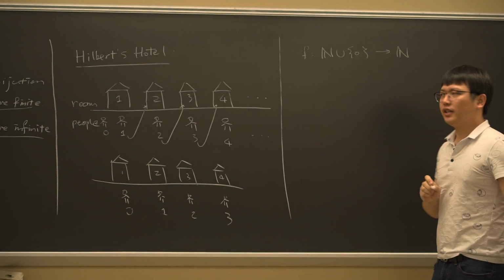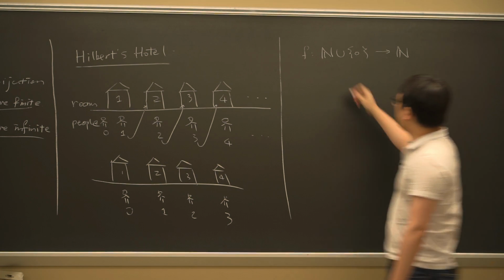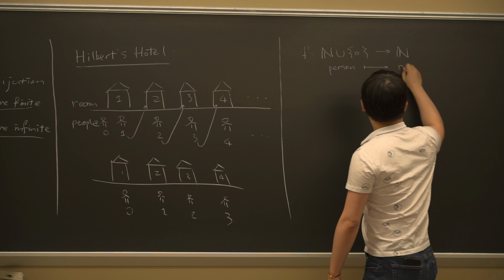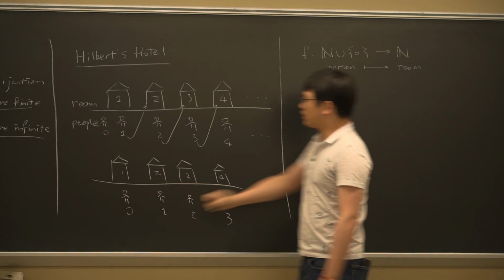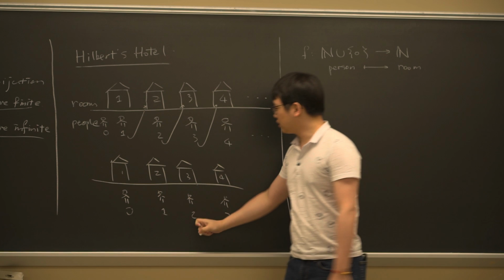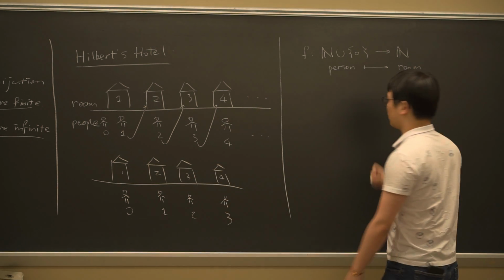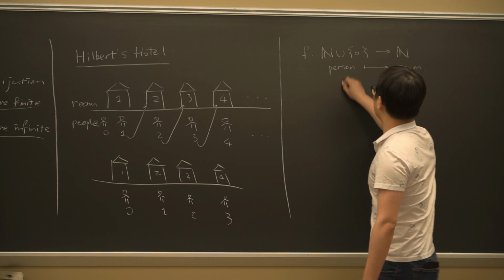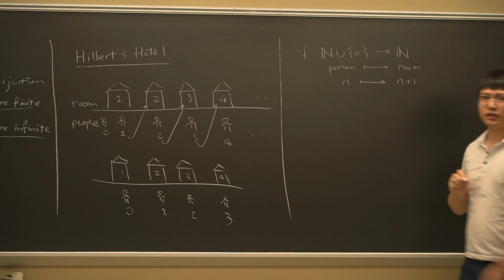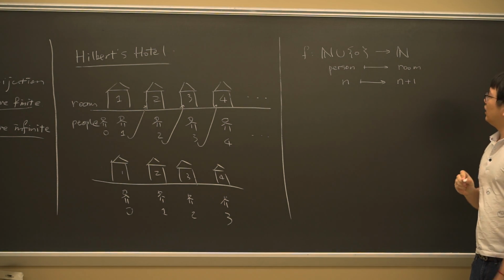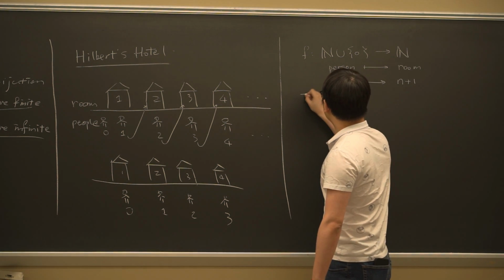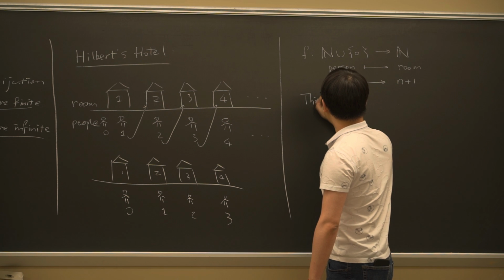The map is defined by mapping the person to the room. So person 0 is now in room 1, person 1 is now in room 2, person 2 is now in room 3, and so forth. So in general, person n will be living in room n plus 1. And moreover, this map is in fact surjective and injective. So this is a bijective map.